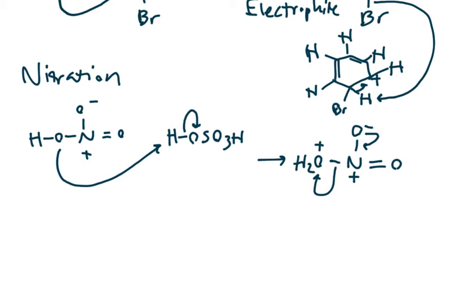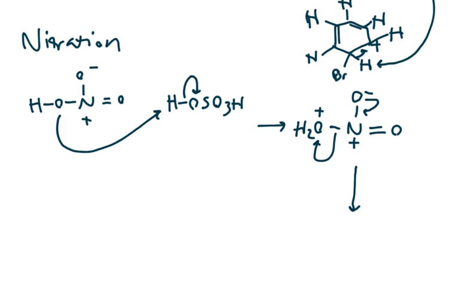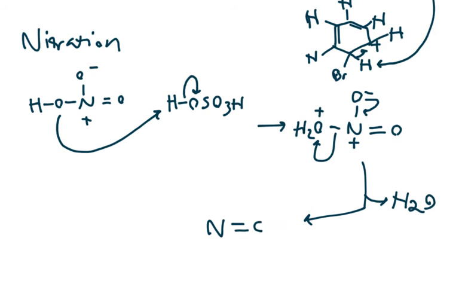And if you kick out water, and water is going to be neutral, here was neutral water going out. We need to have something positive remaining. And this positive thing is called the nitronium ion, and this is going to be our electrophile. And so what's eventually going to get made here is called nitrobenzene.